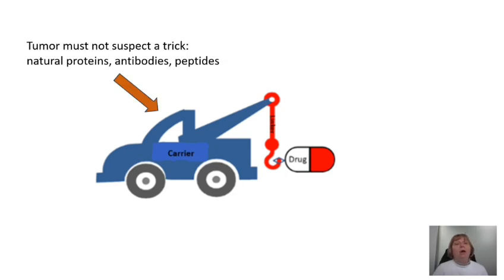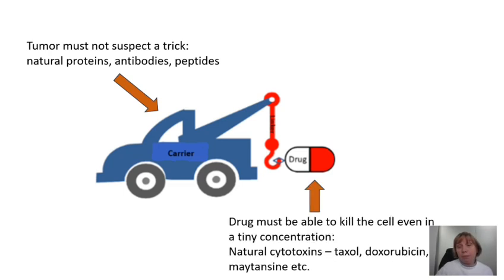First, our horse, our carrier, should be as natural as possible. So the tumor must not suspect any trick. We need to use natural proteins or antibodies or natural peptides.